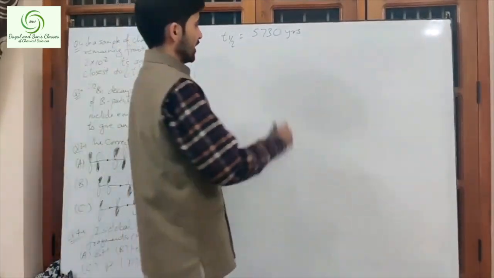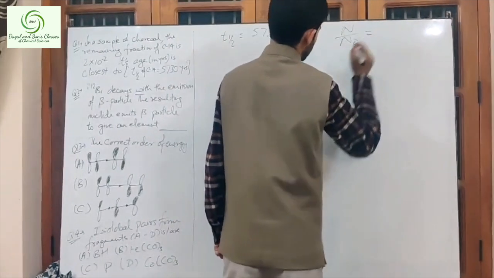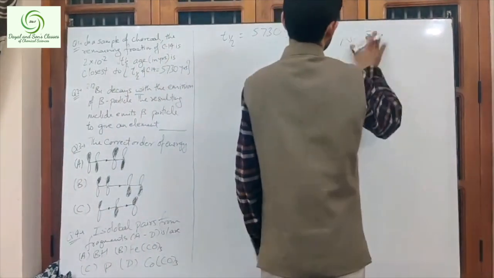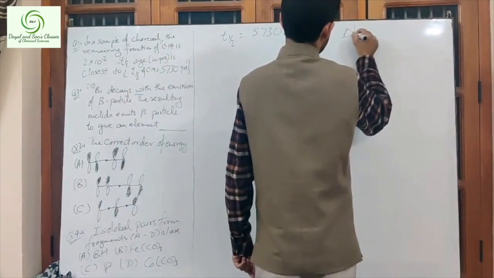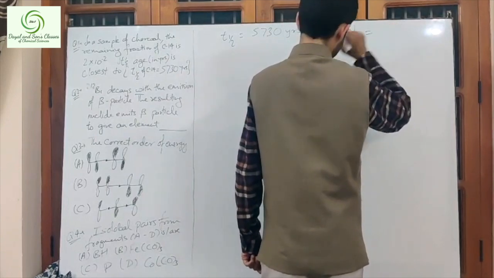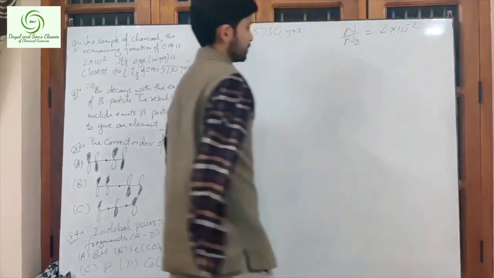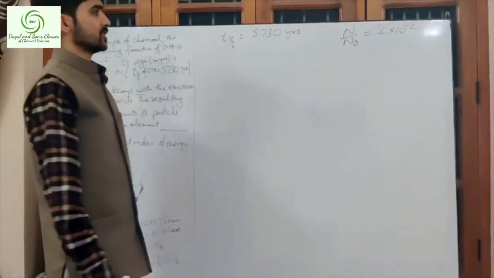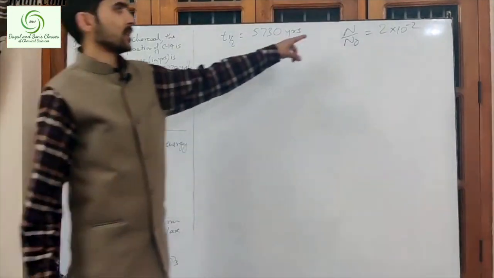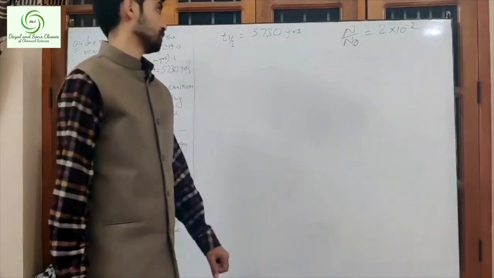And we are given N upon N naught is equal to 2 into 10 raised to the power minus 2. That is the fraction of carbon-14, N by N naught, given to us as 2 into 10 raised to the power minus 2.